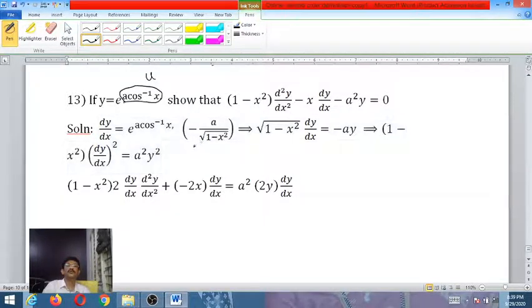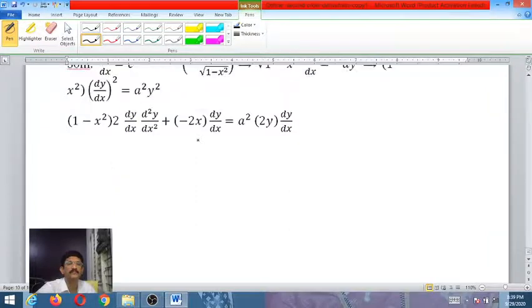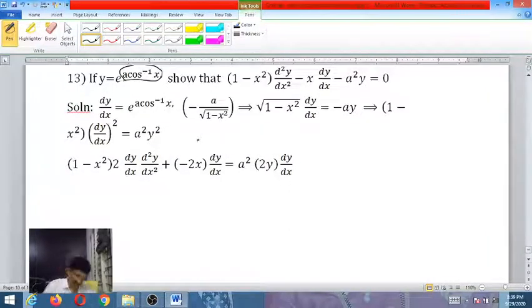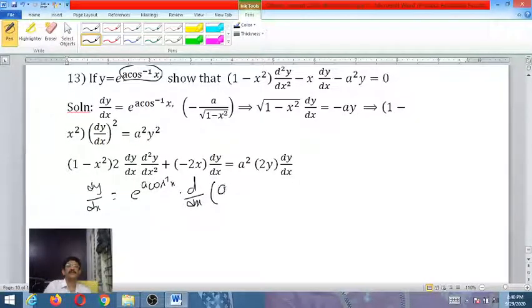Now look at it. So dy by dx is e to the power of a cos inverse x into the derivative of a into cos inverse x.